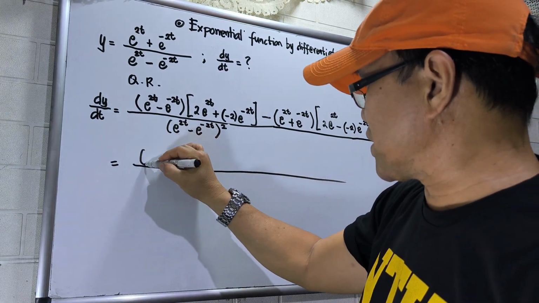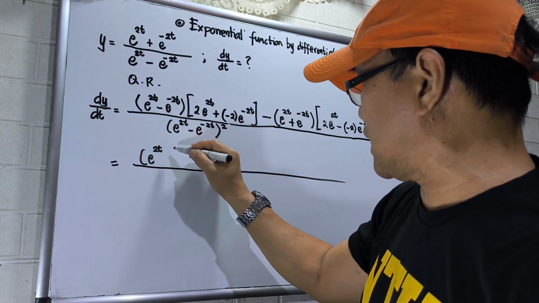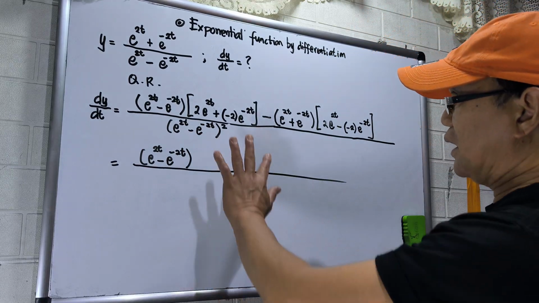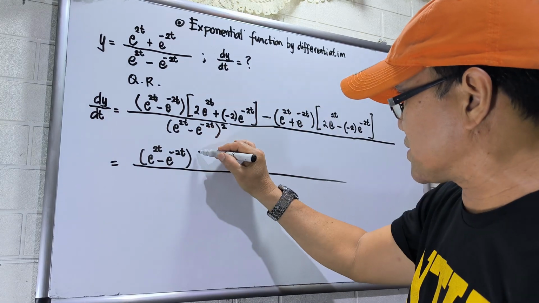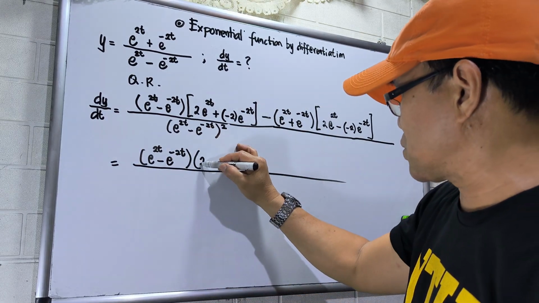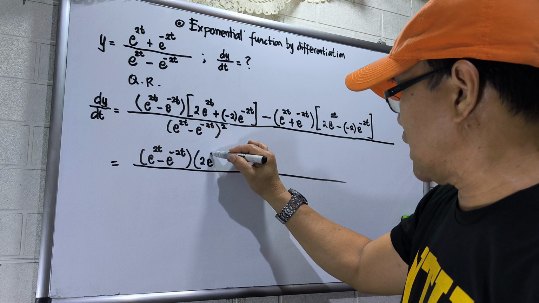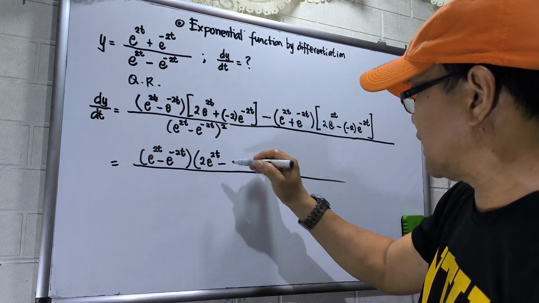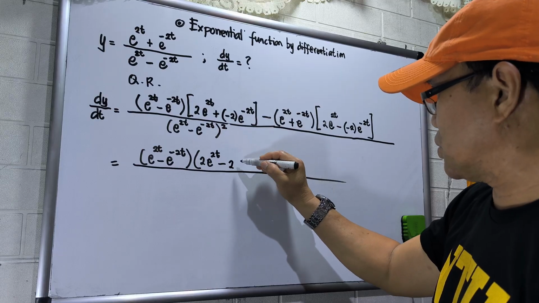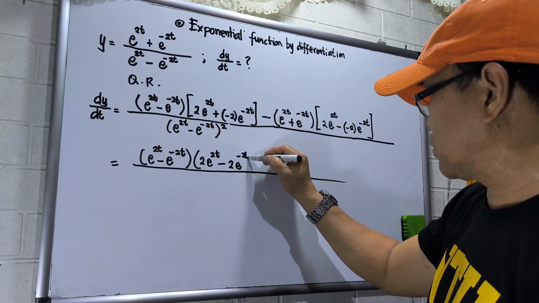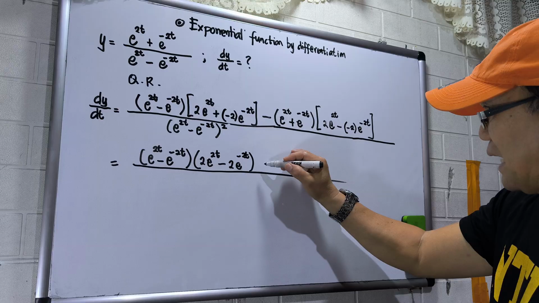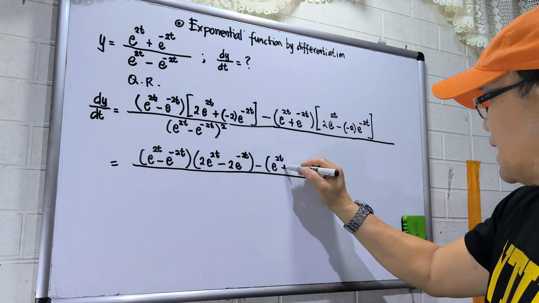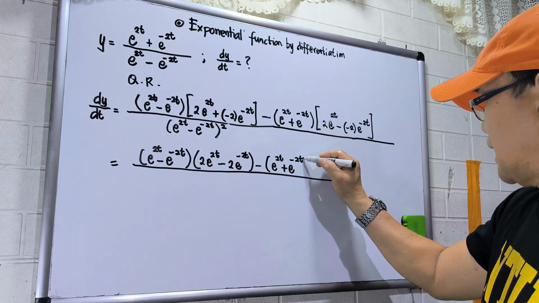So this will be (e raised to the 2t minus e raised to the negative 2t). Then I will use circle brackets instead of square brackets: 2 times e to the 2t power. Then negative times positive, that will be negative, so 2 e raised to the negative 2t power. And then minus (e raised to the 2t power plus e raised to the negative 2t).